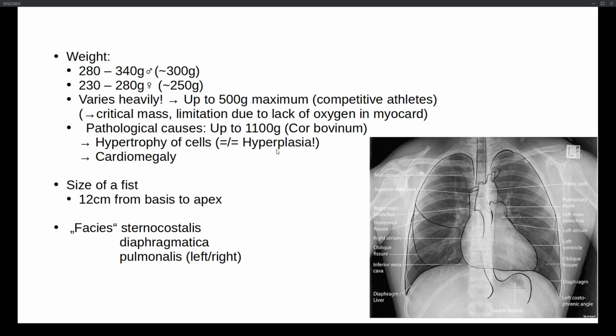And when it gets bigger than that, which can happen because of pathological causes such as an insufficient heart, it can get much bigger.